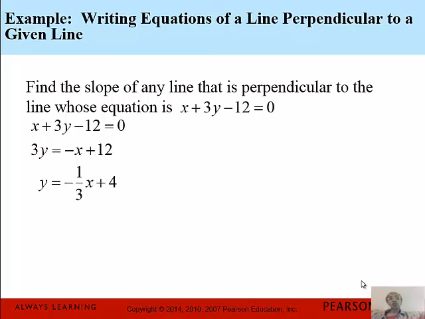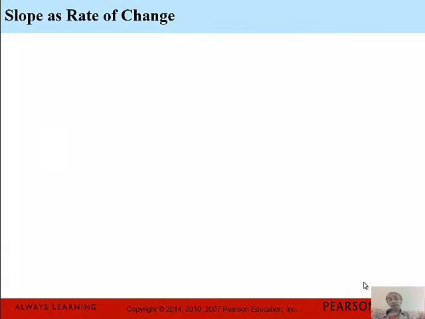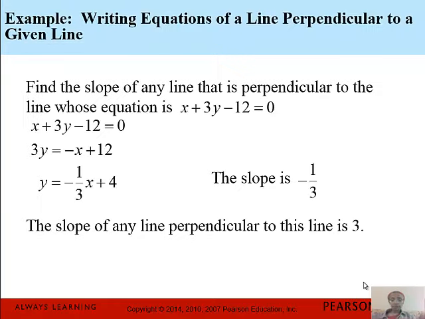Now I need to divide each term by 3 to isolate the y. So the slope is -1/3. And the slope of any line perpendicular to this line is going to be 3.